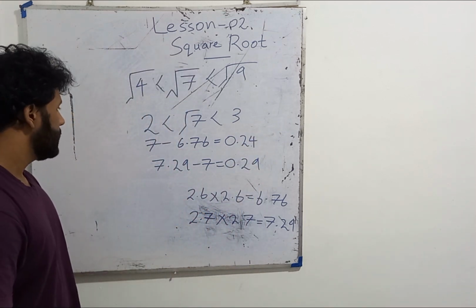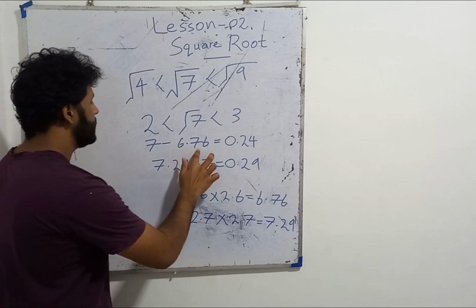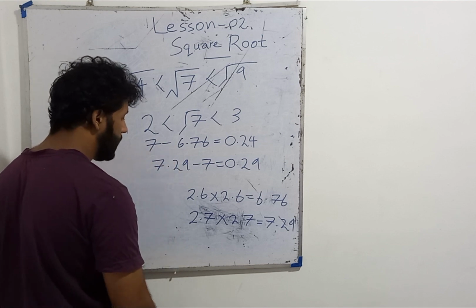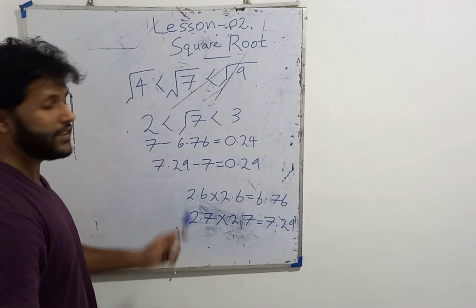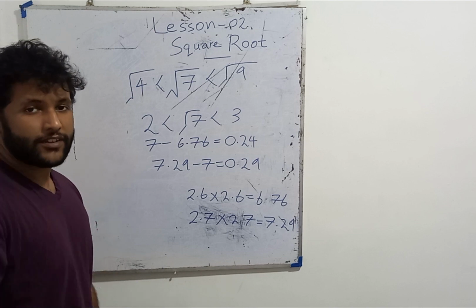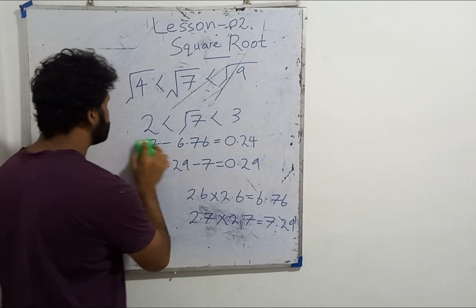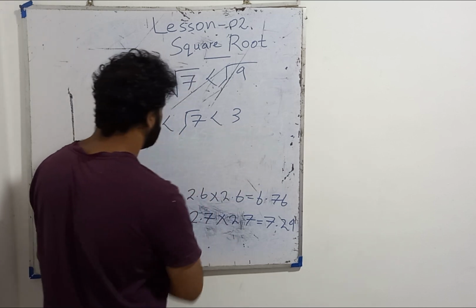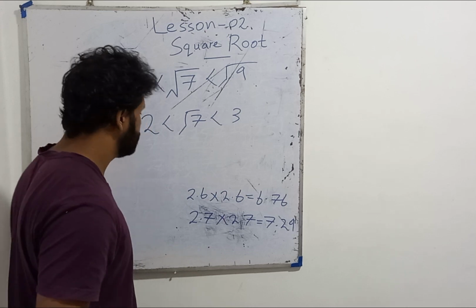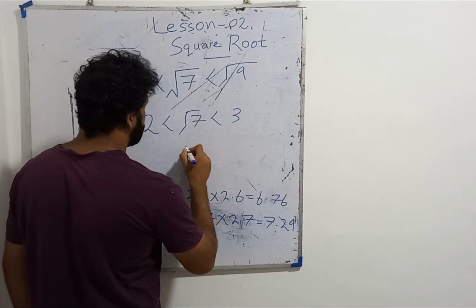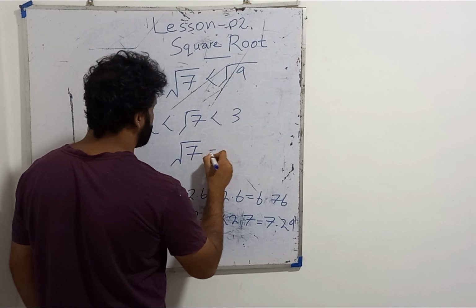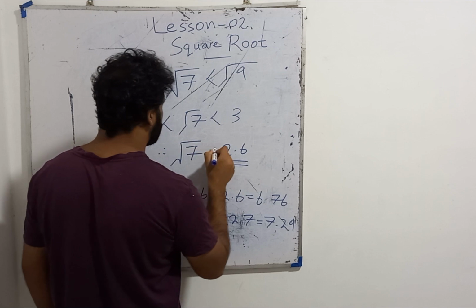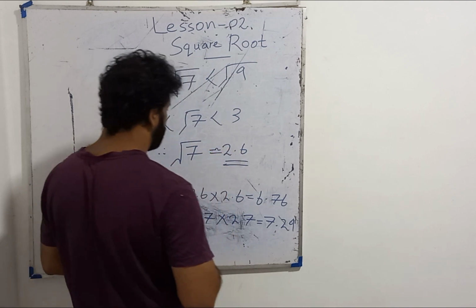Which is closer? 6.76 is closer to 7. Therefore, 2.6 is going to be the first approximation of the square root of 7. Therefore, the square root of 7 is 2.6, first approximation.